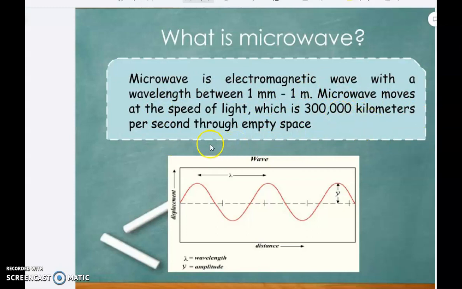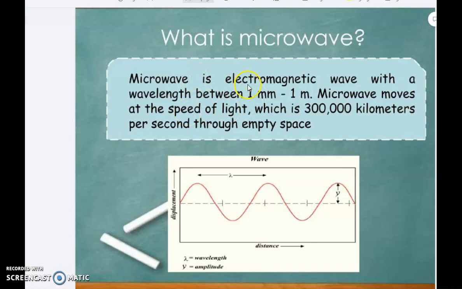When dealing with microwaves, you have to pay attention to the amplitude and also the wavelength. As you can see, the distance between the trough and the crest is shown by the arrow as indicated by each wavelength. So we have to pay attention to this.